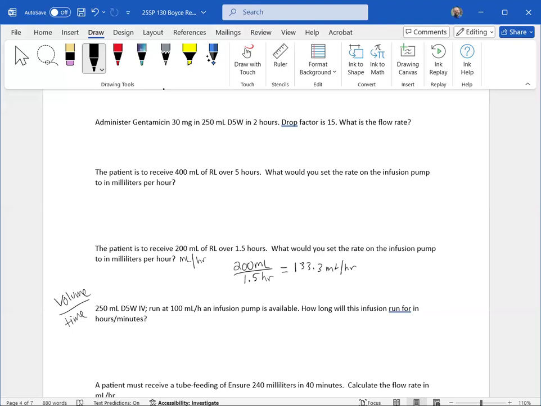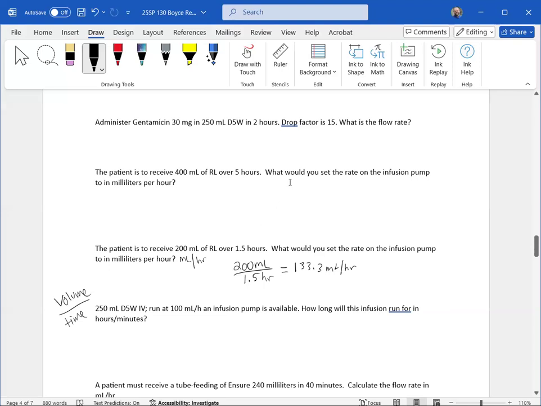But if there's any discrepancy, or you've been told no, you would just put 133 ml per hour, I would agree with you. But based off of the information that I know, that's why I always write my answer to the nearest tenth. So I just wanted to let you know that that's why I do that. If there's any discrepancy, just make sure you ask your instructor if there's a question about that.